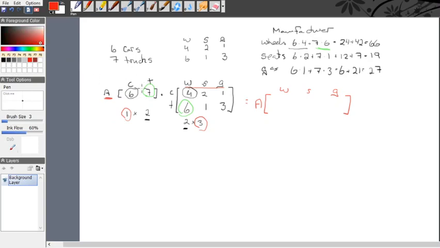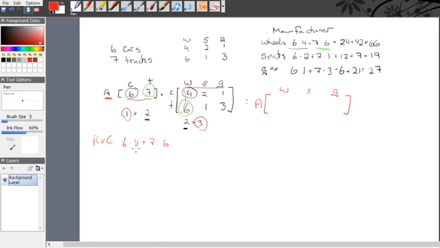So our matrix multiplication is take that row and multiply it by this column, and that will give us the wheels: 6 times 4 plus 7 times 6, row times column.